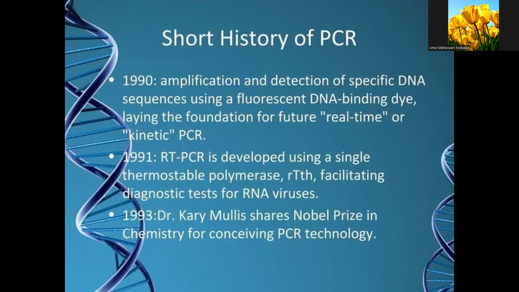And in the year 1991, RT-PCR was developed using a single thermostable polymerase, rTth, facilitating diagnostic tests for RNA viruses. So, in the year 1991, RT-PCR, reverse transcriptase polymerase chain reaction, was developed using a single thermostable polymerase.